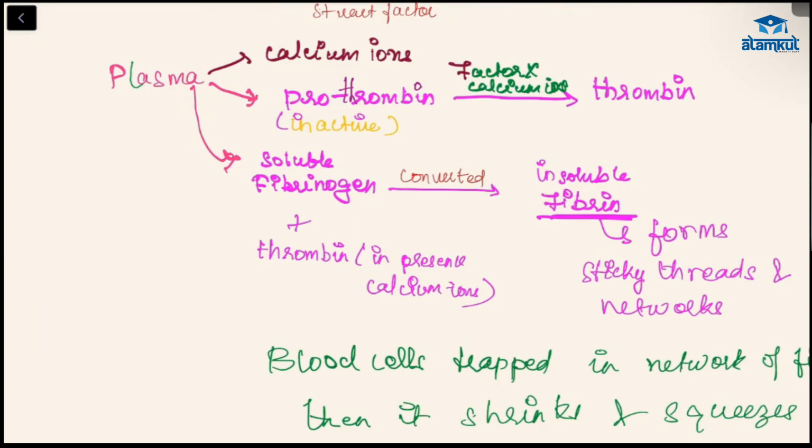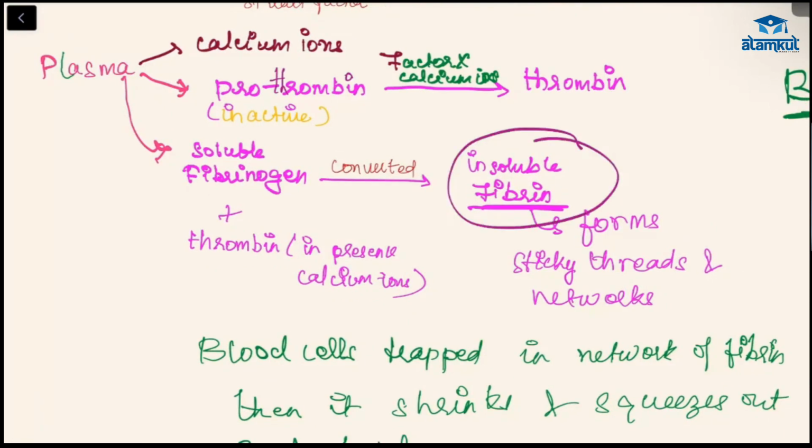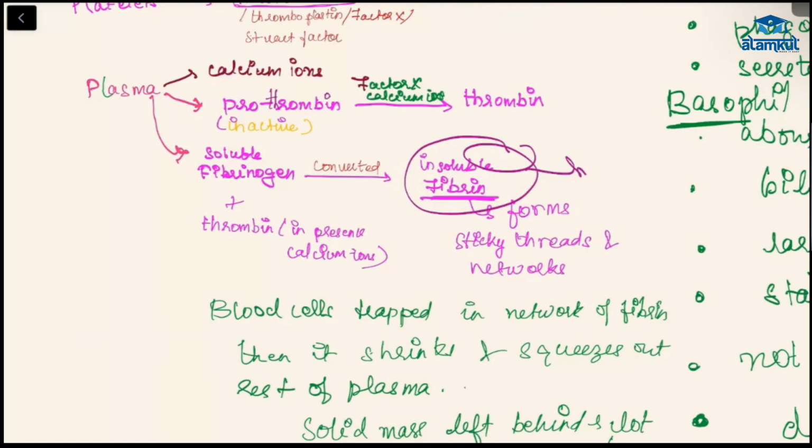Fibrin forms thread-like structures which help in the clotting of blood. Understood, Safiya?